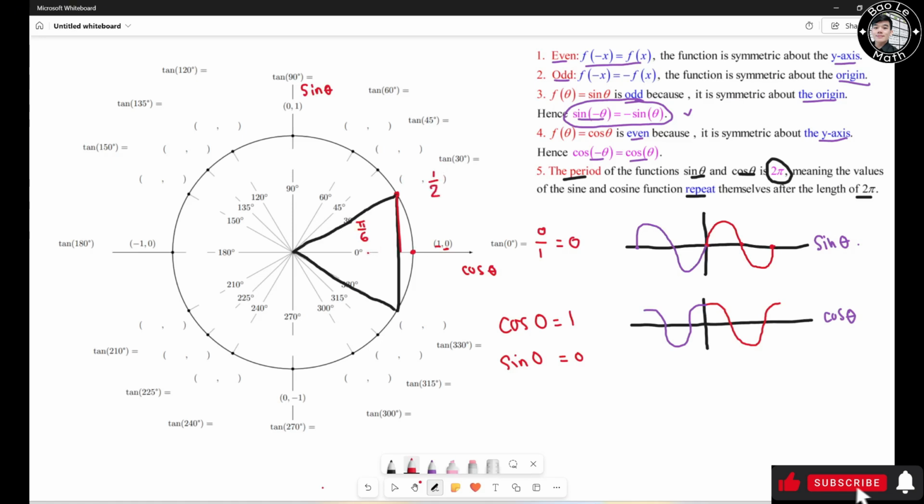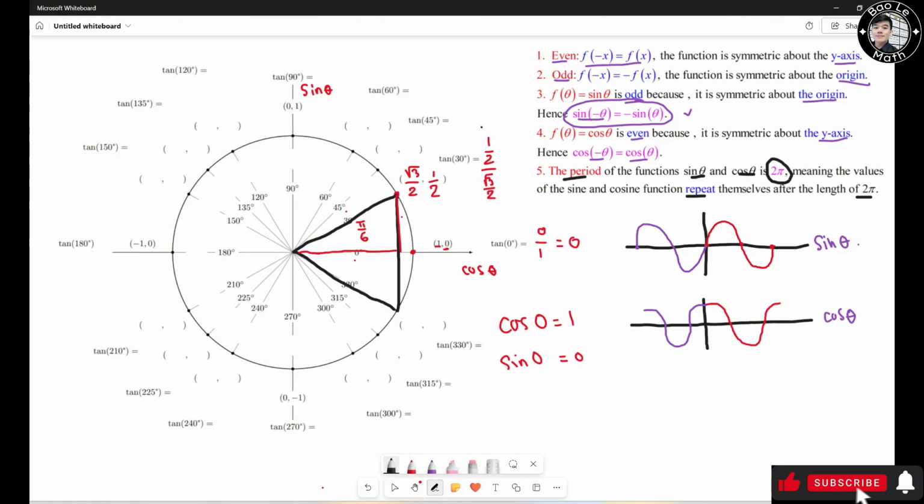Now for the x value, I just use the Pythagorean theorem in this triangle right here. This side squared plus this side squared equals 1 squared, so this actually is root 3 over 2. If you want to know how to do that, please check out the videos below in the description. Tangent of 30 degrees, which means tangent of pi over 6, we have 1/2 divided by root 3 over 2, sine divided by cosine.